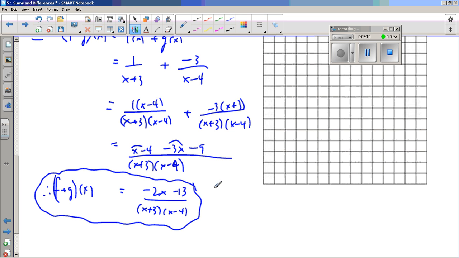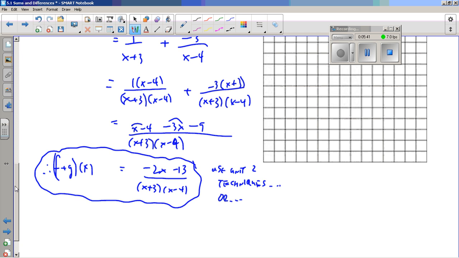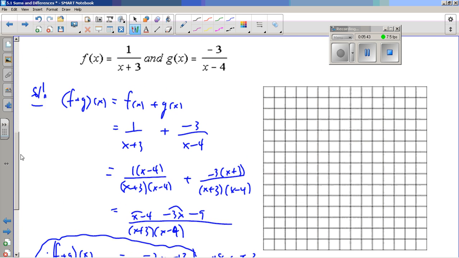Vertical asymptotes, horizontal asymptotes, zeros, all that business. I could use Unit 2 techniques, or we could use what we learned earlier in Unit 0 about combining functions graphically, and that's what I'm actually going to do, because these are two grade 11 transform functions, right?